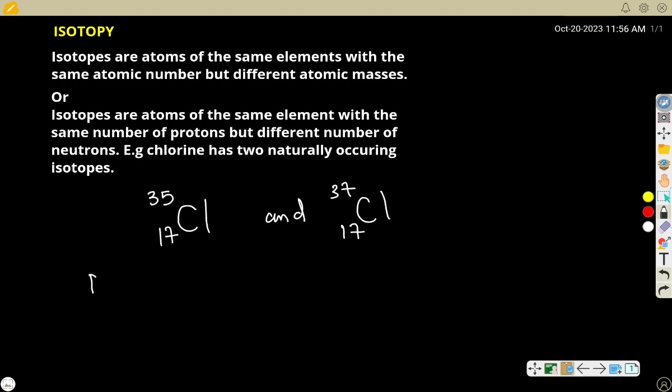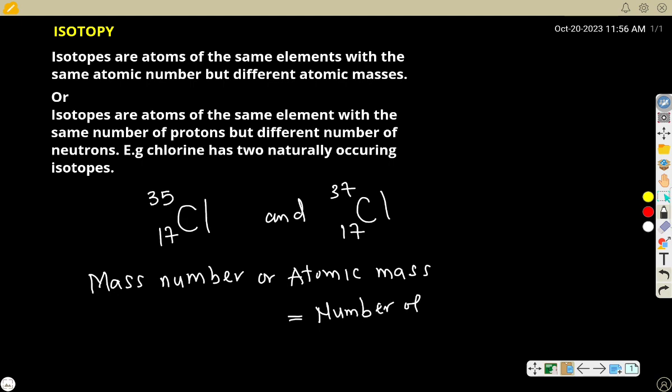So take note that mass number or atomic mass is equal to number of proton plus number of neutron.